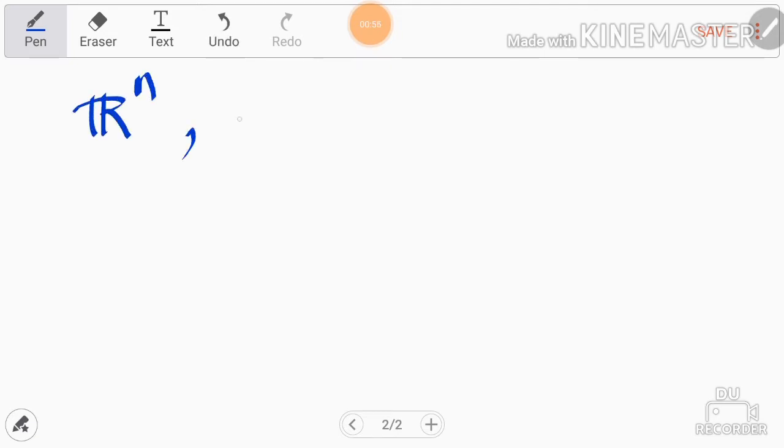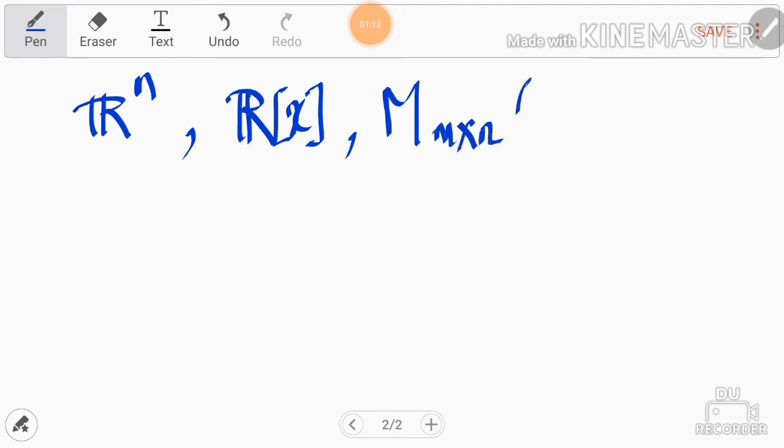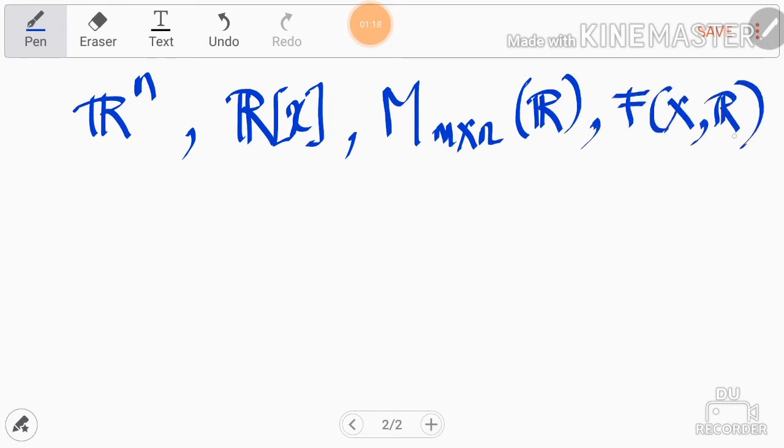One was Rn, another was Rx, which was a set of polynomials of all degrees with coefficients taken from the set of real numbers. Another was a set of all m cross n matrices with real entries. And the last one was the set of all functions from the set x to r.